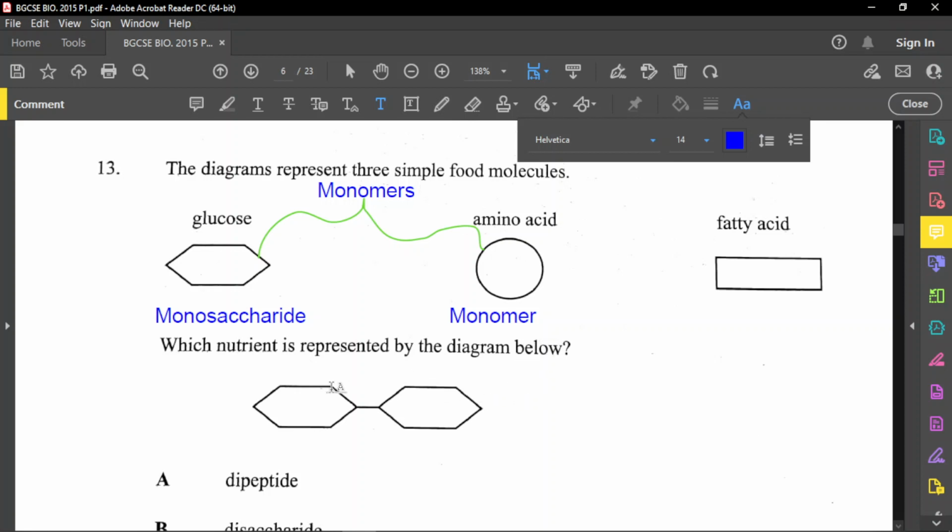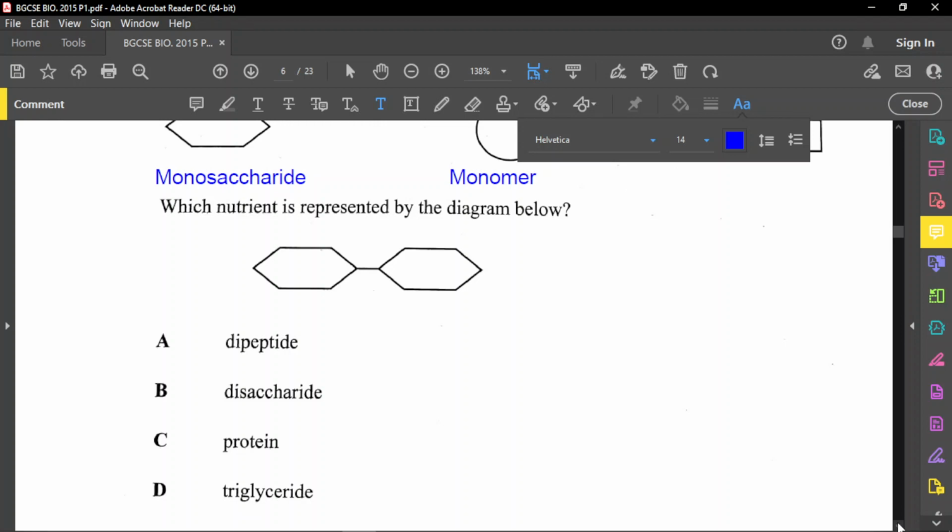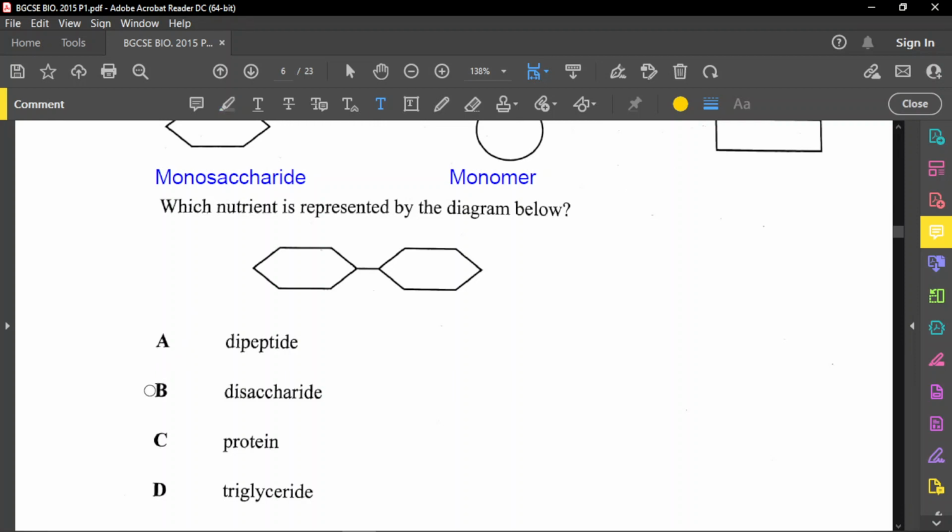Now, which nutrient is represented by the diagram below? In the diagram below, we have two sugar units, which is two glucose units. If you have two glucose together, then we know it's going to form a disaccharide, because a monosaccharide is a single unit, and so two monosaccharides will form a disaccharide.